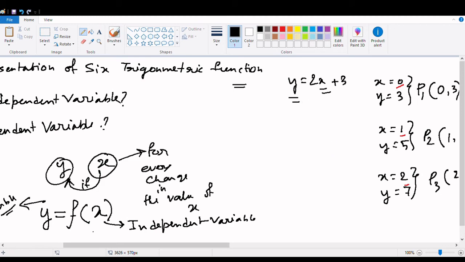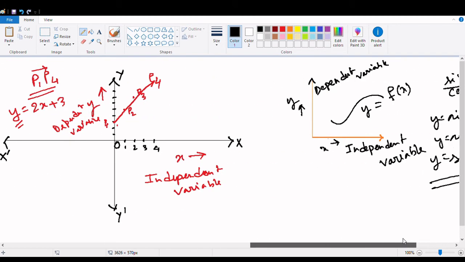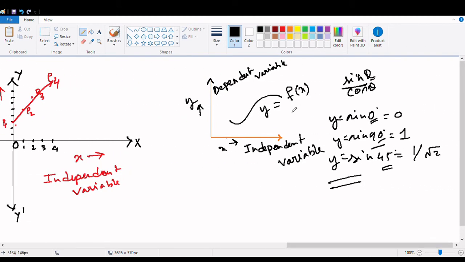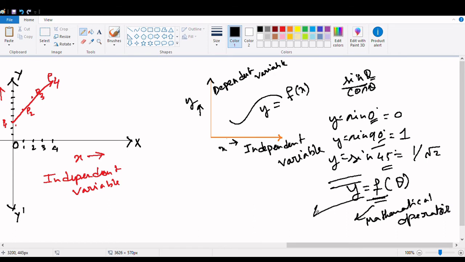So with that consideration in mind, we can write this equation in this format, that is y is equal to function of theta. Basically, this is a mathematical operator, which actually denotes there is a relation between the value of y and theta.